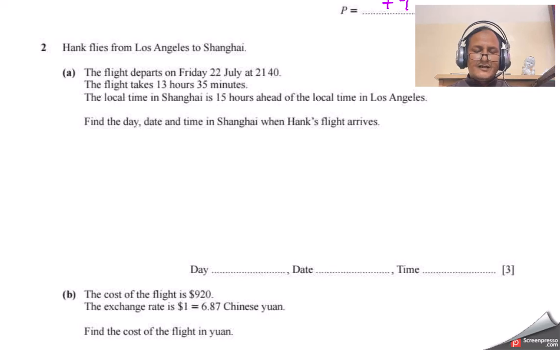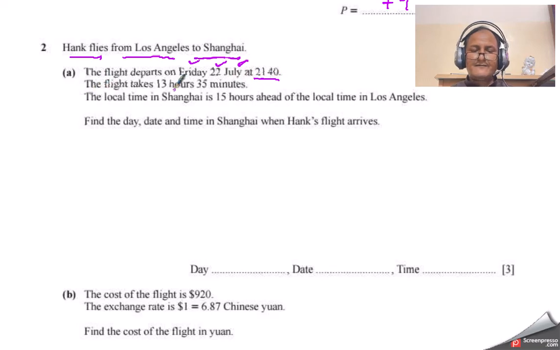Okay, question number 2: Hanks flies from Los Angeles to Shanghai. The flight departs on Friday, 22nd July, at 21:40. In the first part, the day, date, month and departure time are given.